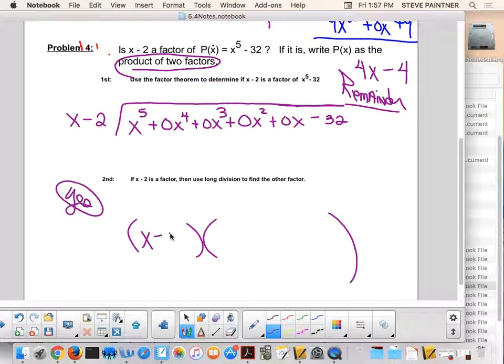X minus 2 times what? X to the fourth. No, wouldn't it be your answer? Yeah. Whatever your answer is, up here. But we're not doing it. All I'm saying is, that's what you would do in your book today, when you get to your assignment. They'll say, write your polynomial as a couple factors. Okay?